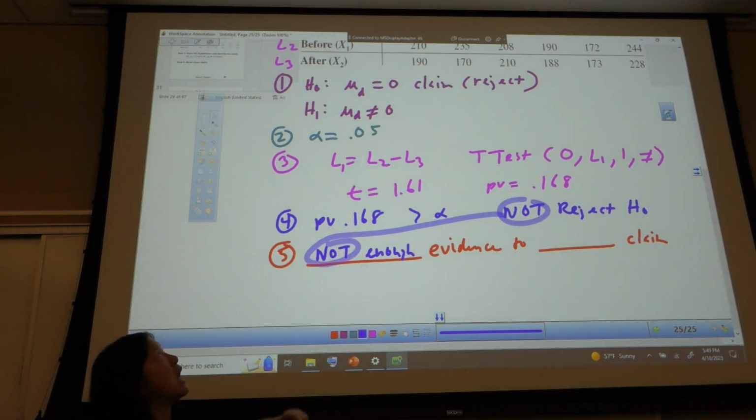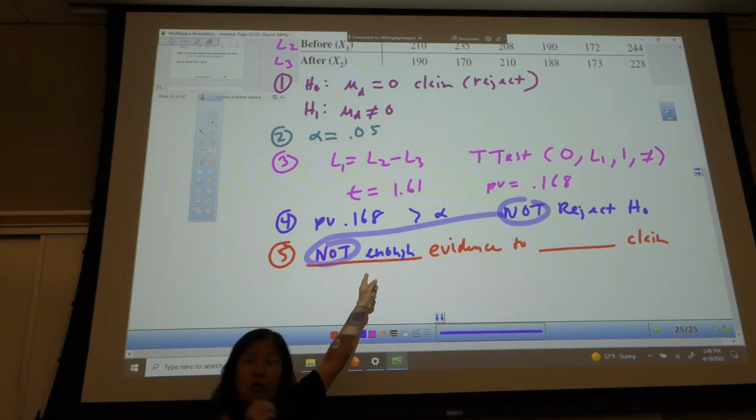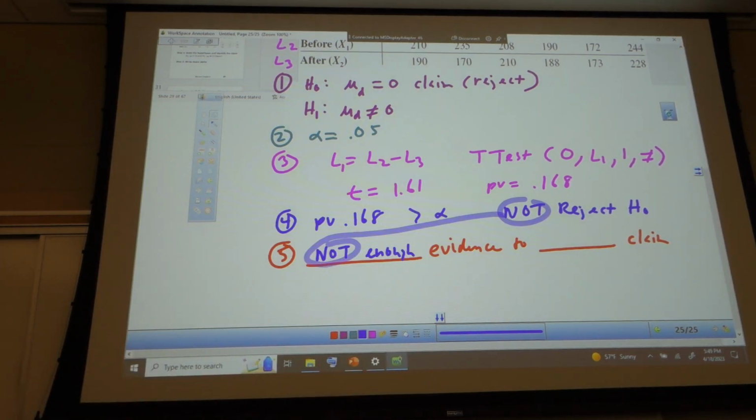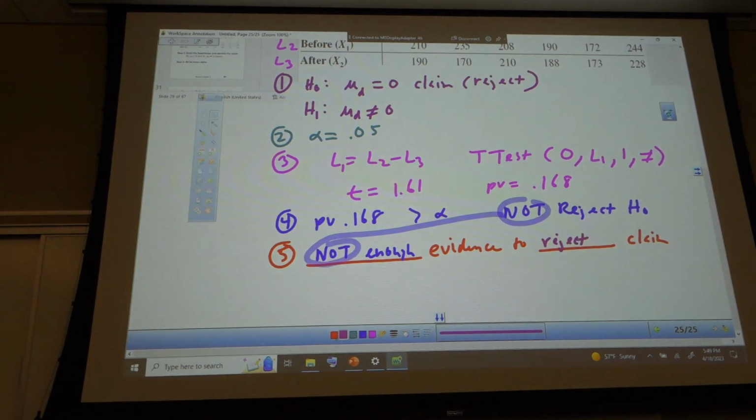But because I picked H naught, no change, then I would say not enough evidence to reject the claim of no change in cholesterol levels with mineral supplements.